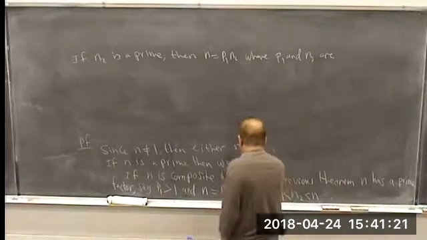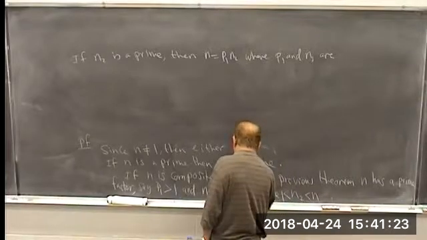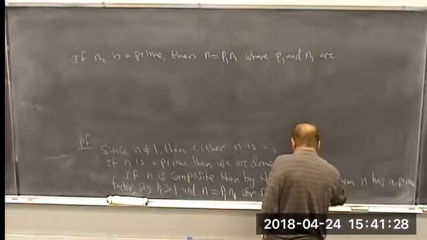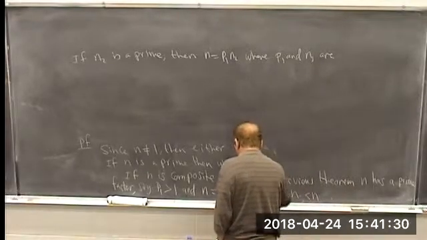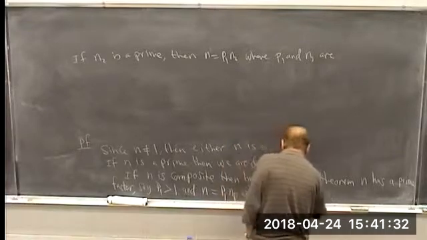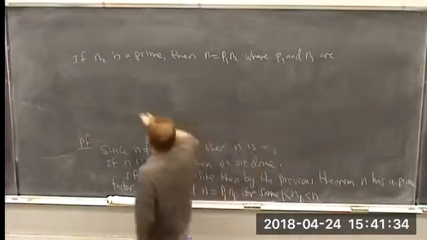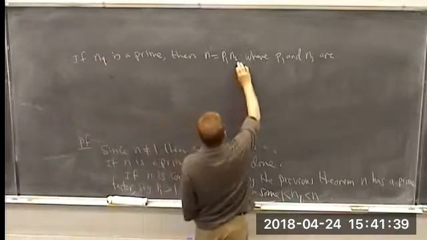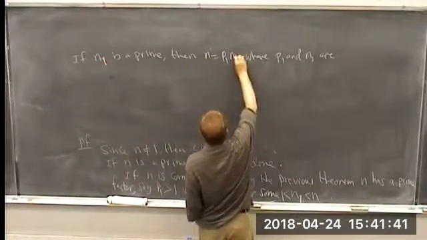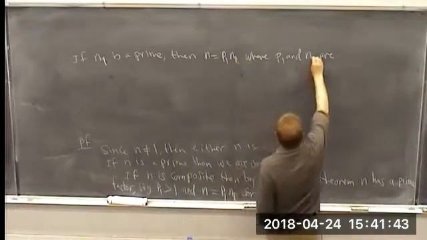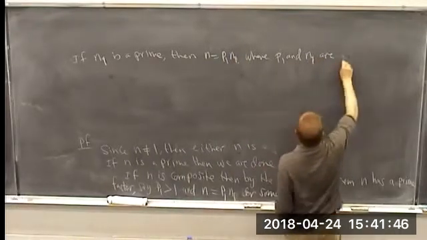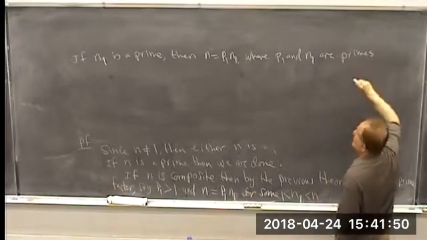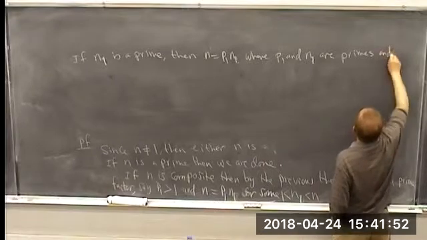Let me call this n1, for some n1. We will get to n2 later. So this is n1. Then we have n equal to p1 n1, where p1 and n1 are primes. And we are done, okay?